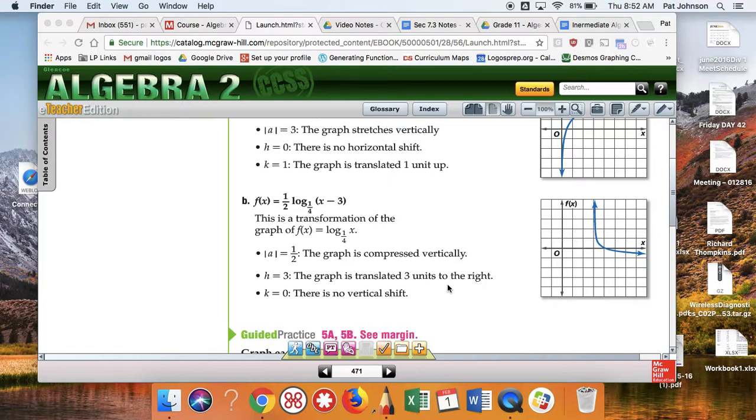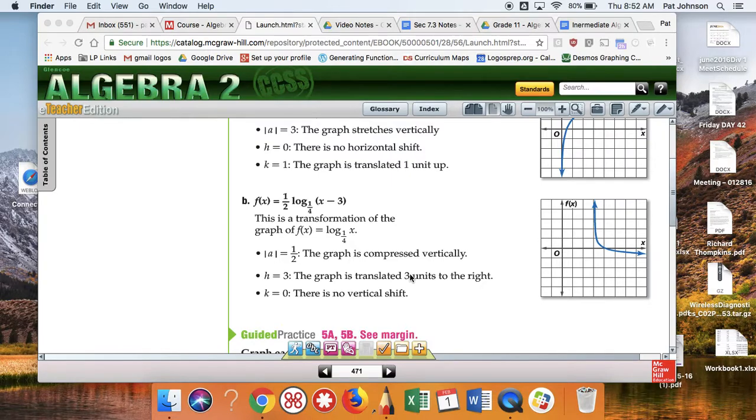It just shifts to the right. And now we can graph that, and our asymptote now becomes 3 instead of 0. Positive 3, so it approaches 3. So remember, the vertical asymptote follows the h now, whereas in exponential, the horizontal asymptote followed k.